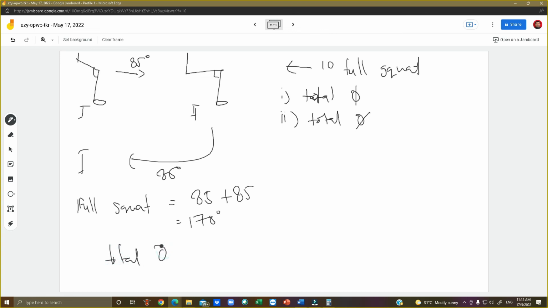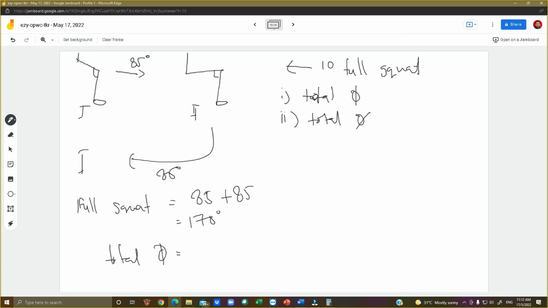Total pi equals to berapa? Berapakah total pi untuk 10 full squat? If one full squat is 170 degree.